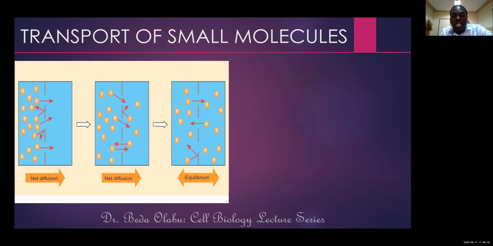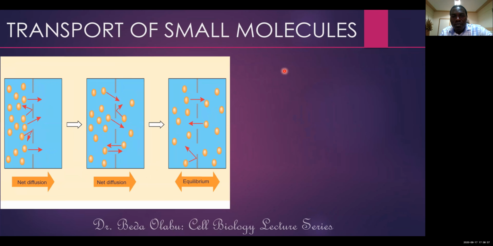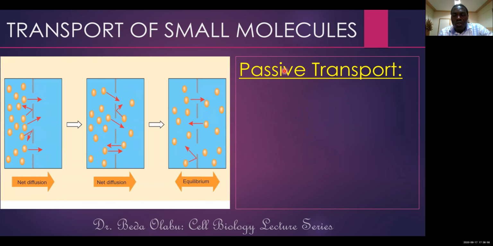When you talk of transport of small molecules, we are referring to things like sodium ions, potassium ions, calcium ions, chloride ions, and the like. There are two major ways in which small molecules are transported across the cell membrane. One of those major ways is what we call passive transport.